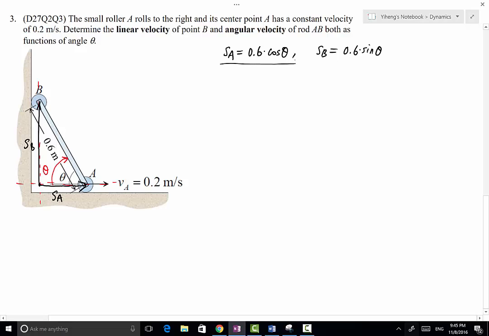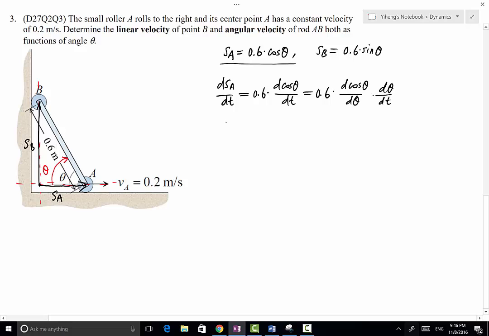So if we take this equation and then take the time derivative of both sides. On the left-hand side, we have dSA dt. On the right-hand side, we have 0.6 times d cosine theta dt. Using the chain rule, that equals 0.6 d cosine theta d theta times d theta dt.